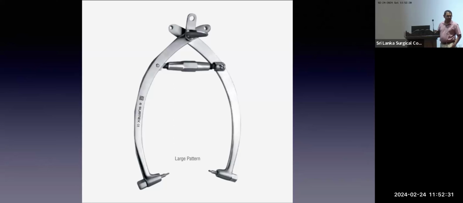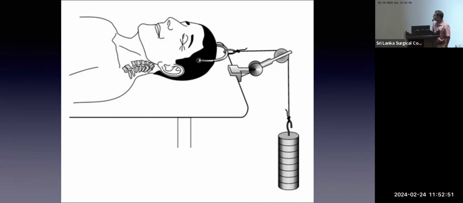Nobody has seen a skull caliper. You have seen. So when do we use a skull caliper? Have you seen it being used? Where? Yeah, dislocations. So you put the skull caliper on and then you put a weight. So in cervical injuries, this was the norm.